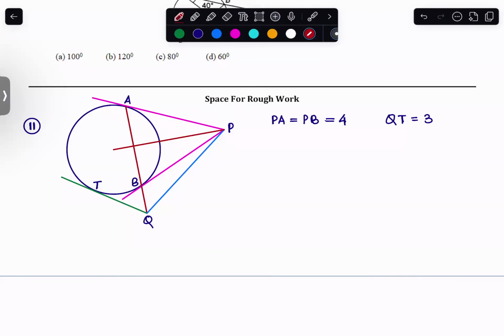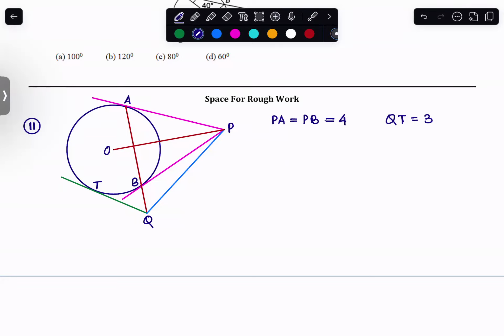If this angle is theta, can you tell me how much angle will be the half of angle APB? Sir, 90 minus theta.